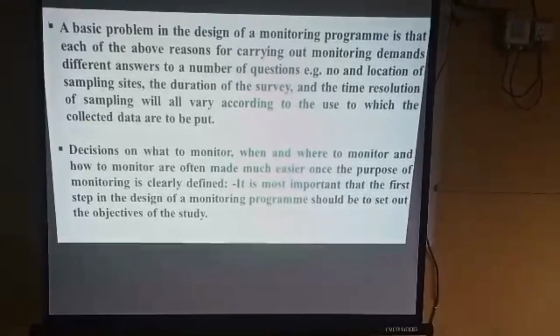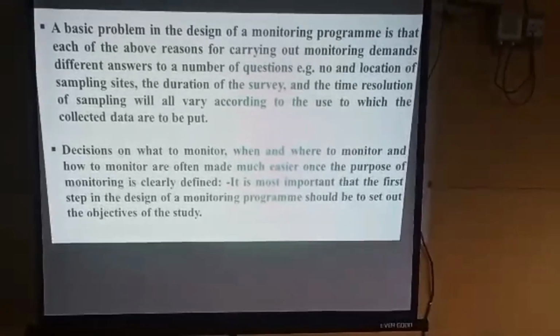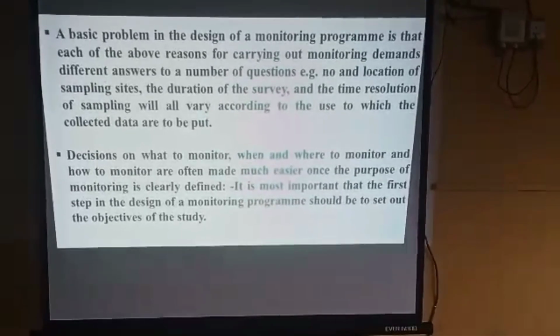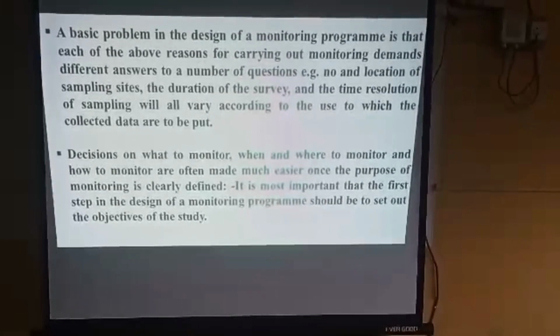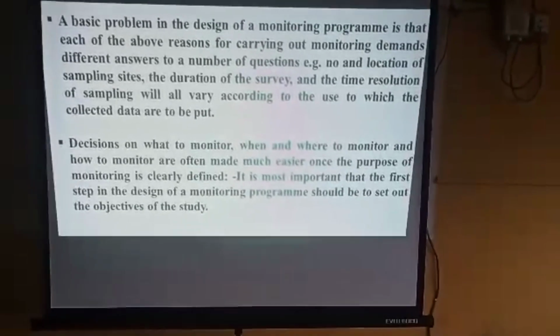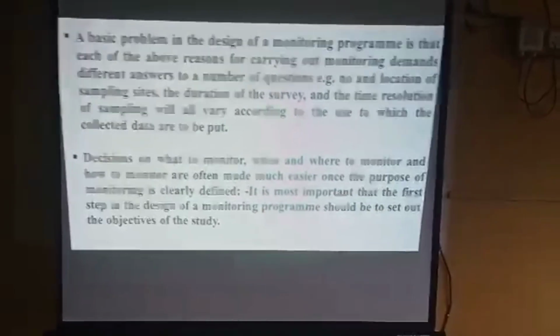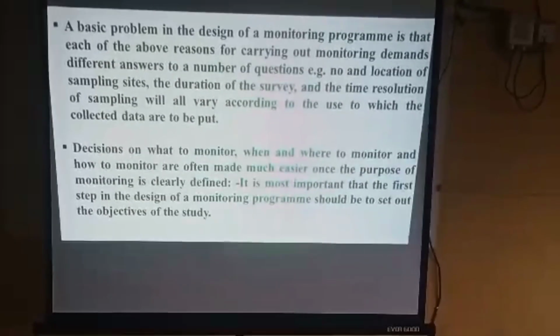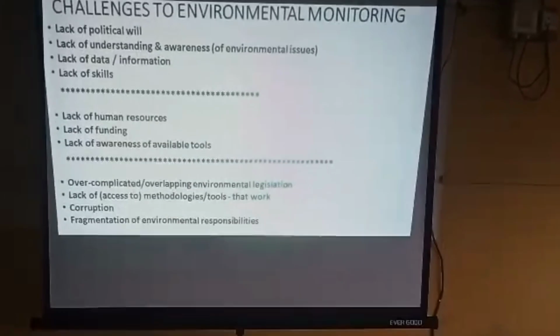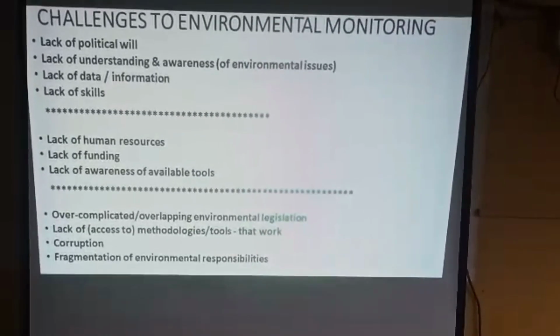It is most important that the first step in the design of a monitoring program should be to set out the objective of the study. So I want to say that the objective of the study is the most important step during design of monitoring program.